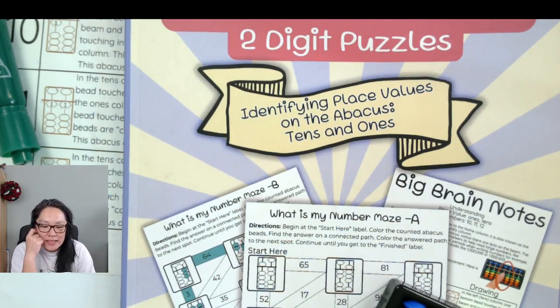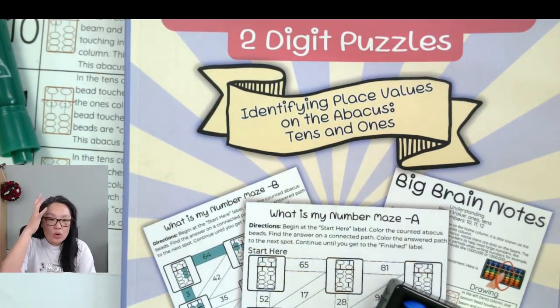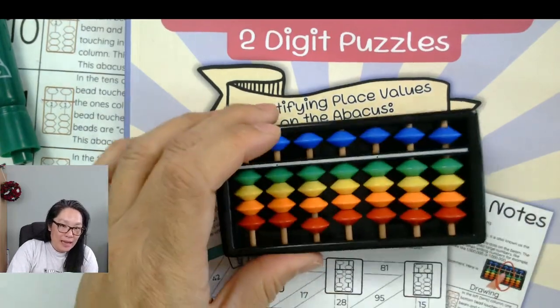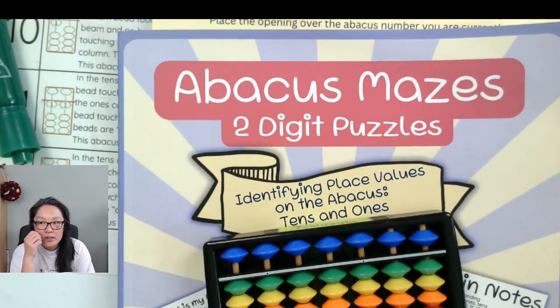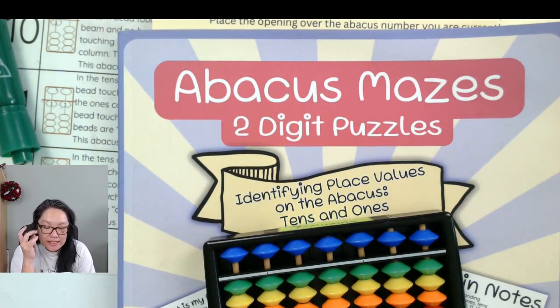And it's refreshing to be able to talk to parents and to adults who are interested in learning how to read the abacus, because it's inspiring, and it sparks creativity to be able to talk to you guys.